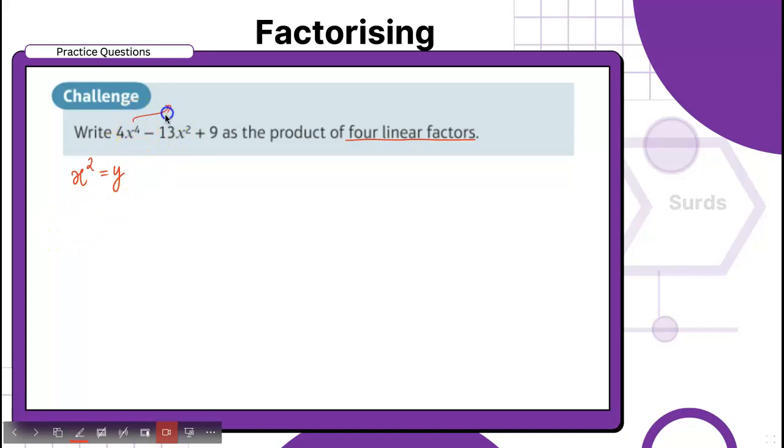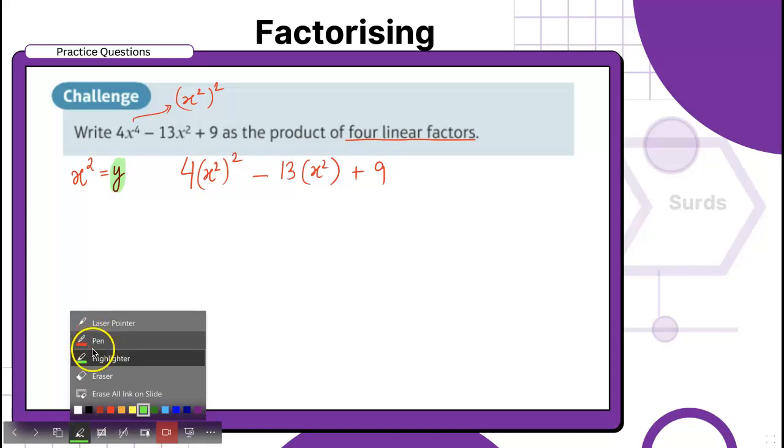So x to the power 4 can be written as x squared, powers of power. Correct? So we can write it as 4 times x squared whole square minus 13 x squared plus 9. Wherever you have x squared is going to be replaced by y.